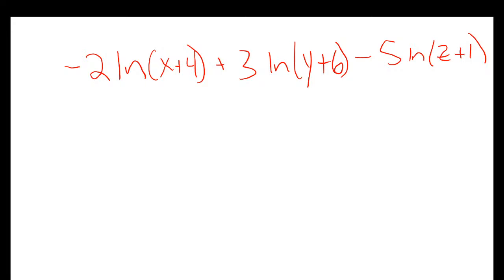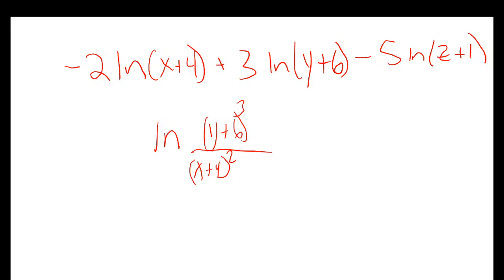I got e^3, y plus 6, over negative two. So you got x, ln. You got ln y plus 6. Is that raised to the third? Yeah. Okay, that's good. Over what? x plus 4, (x plus 4) to the negative 2, raised to the second.